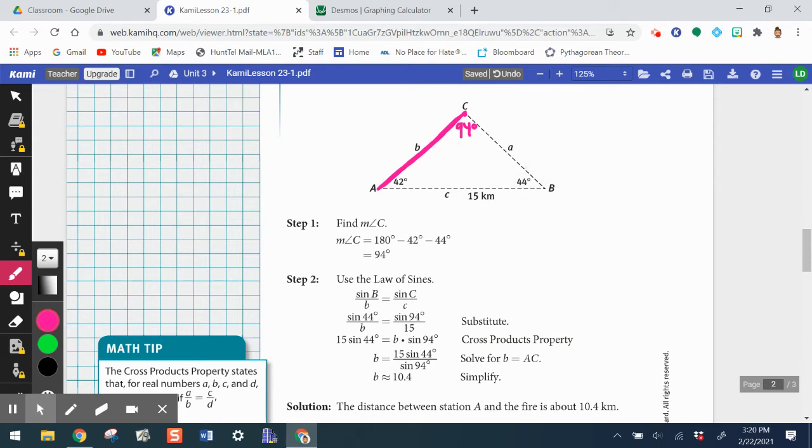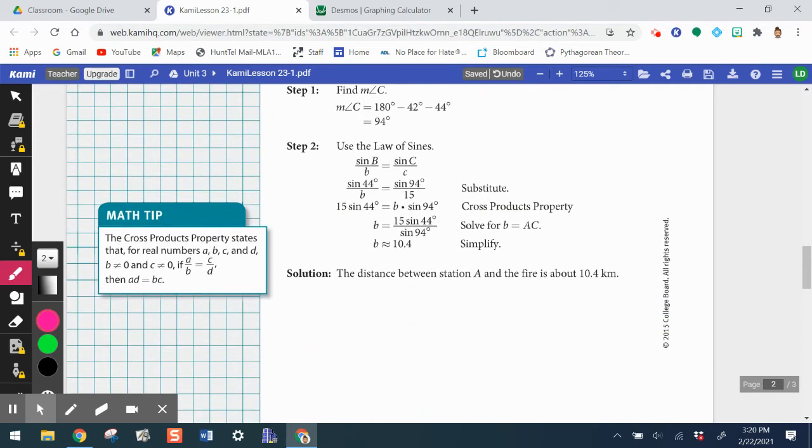So we did the sine of B over b equal to the sine of C over c. We replaced capital B with its angle measure 44, capital C with its angle measure 94, and then lowercase c with its measure 15. They introduced something, if you've forgotten what it's called, the cross products property.